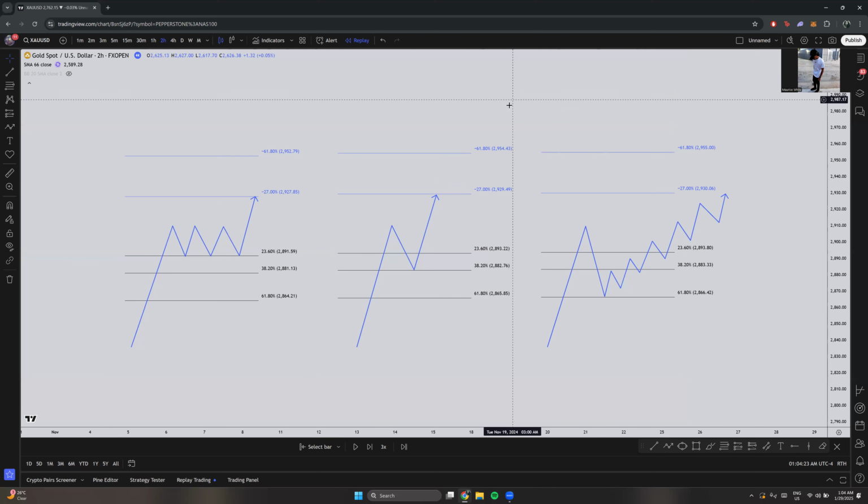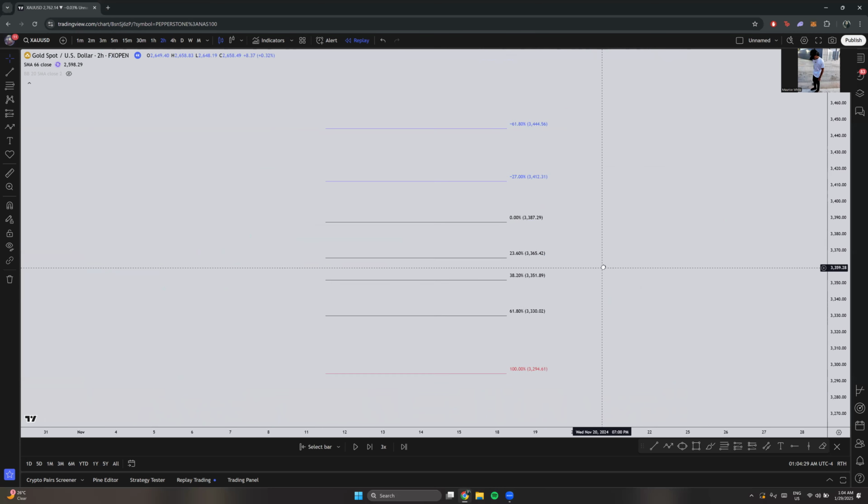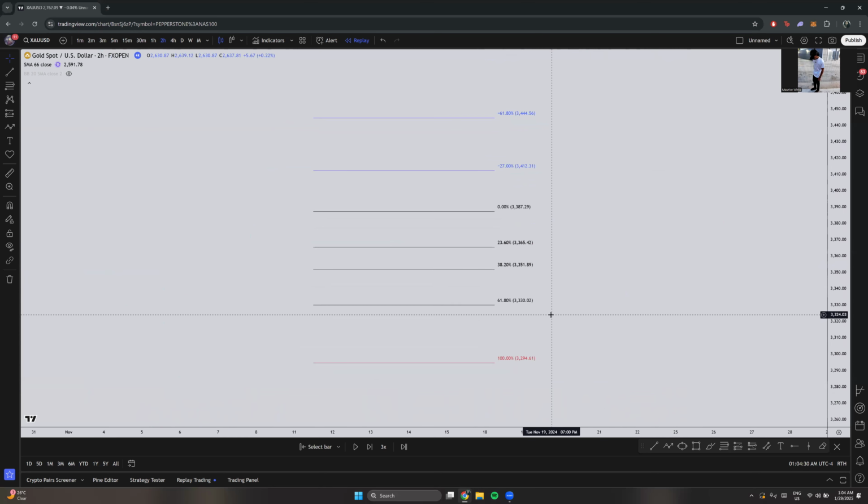Oh, and I also forgot to mention the stop loss aspect of the Fib. So in the first example here, you would see two extra numbers. This would be 0.00, which would be the swing high. I just took them out from my Fibonacci because I don't use them as reversal zones, but just for the sake of the example, you have the swing high at the 0.00 level and the swing low at the 100% level.